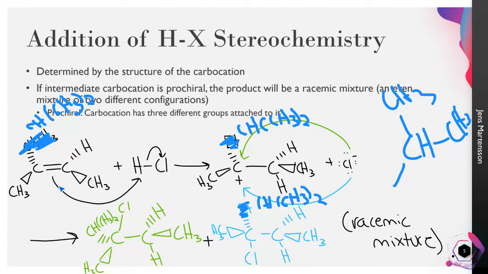The arrow goes from the double bond to the hydrogen, this HCl bond will break, and those bonding electrons will go to the chlorine. Then the hydrogen will add to the carbon that already has the most hydrogens. So this has regiochemistry and stereochemistry. The hydrogen will add to this carbon because it already has 1 hydrogen, and the positive charge will form on this one.